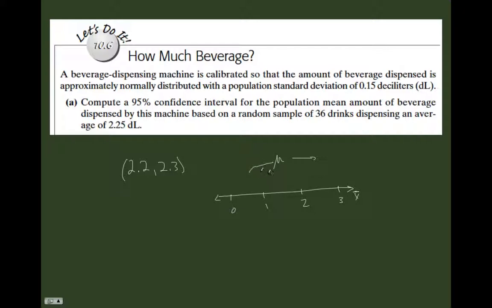And mu is going to be some point on this x-axis. Well, I don't know which point. I still don't know which point, even though I've calculated the confidence interval. Now, what we've done is we've carved out a little interval of values here on the axis. And what we're saying is we're 95% confident mu is between these values.